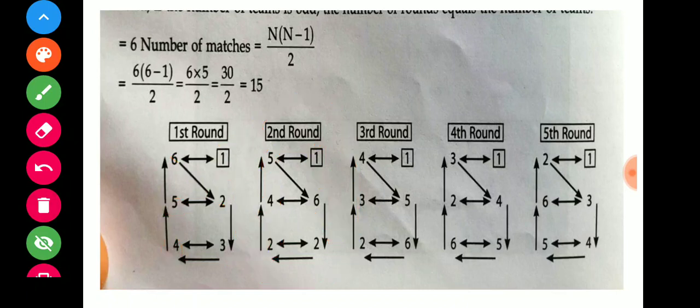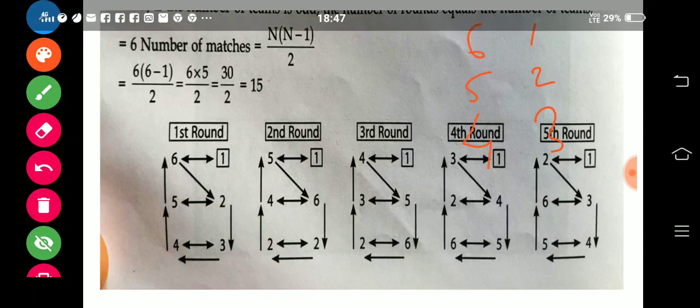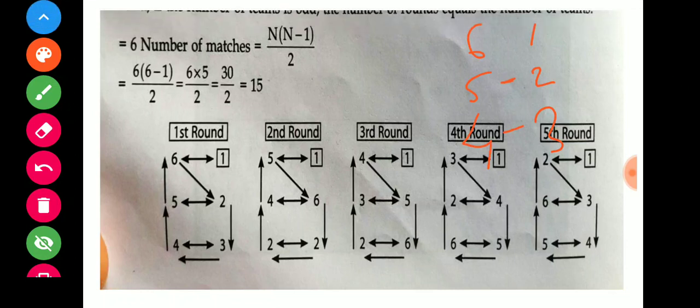Let me show you. 1 2 3 4 5 6. That was our first round. Let me set the second round. So 1, then in place of 2 what will we write? 6.